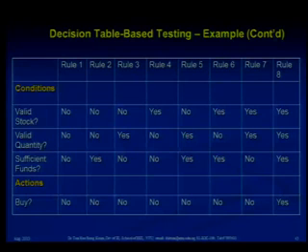Once you have finished the construction of the decision table, the next thing to do is to design a test case for each column, that means for each rule. Over here, we call a column a rule. It's just a name. Column 1, column 2, column 8, so we call it rule 1, rule 2, rule 8.